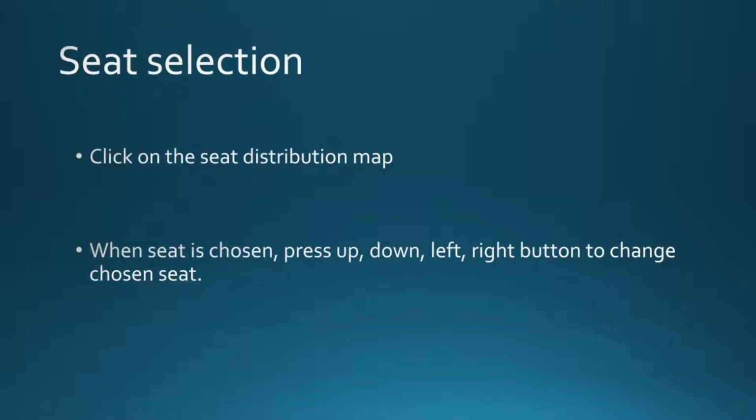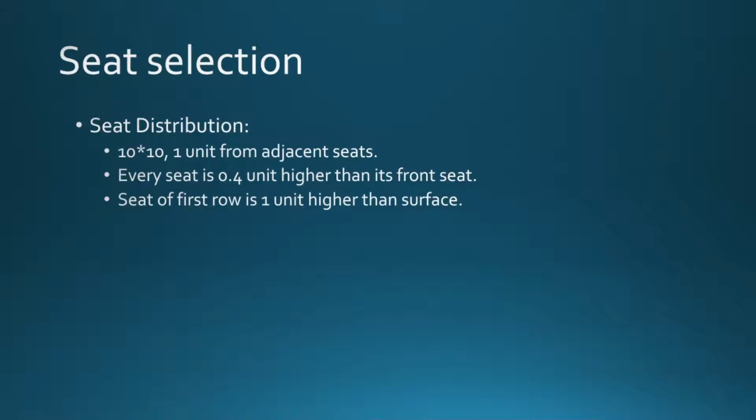There are two ways to select a seat in our system. The first is to click a seat in the seat distribution map, and when you have chosen a seat, you can press the up, down, left, or right button to change your seat. The seat distribution map refers to the design of a cinema.